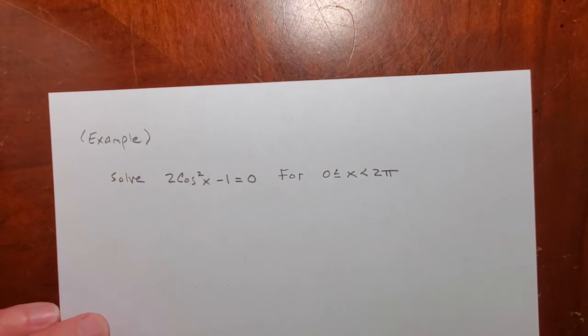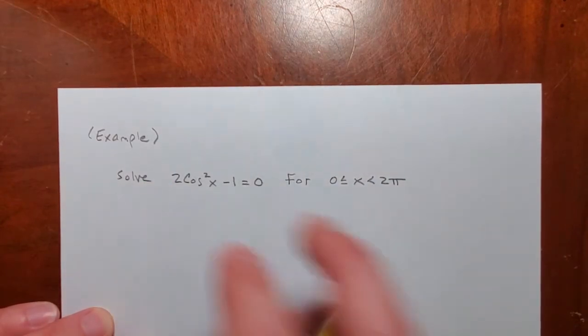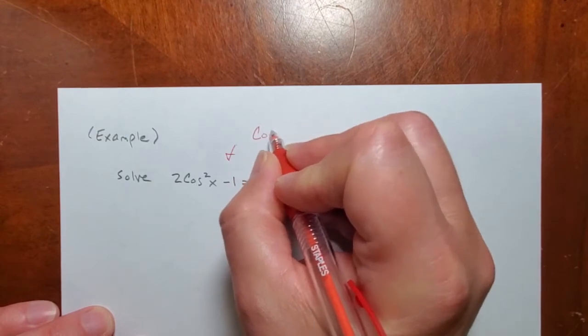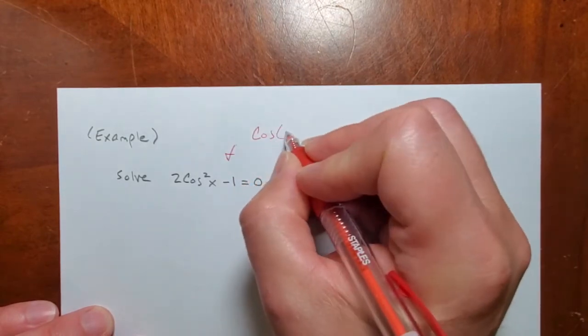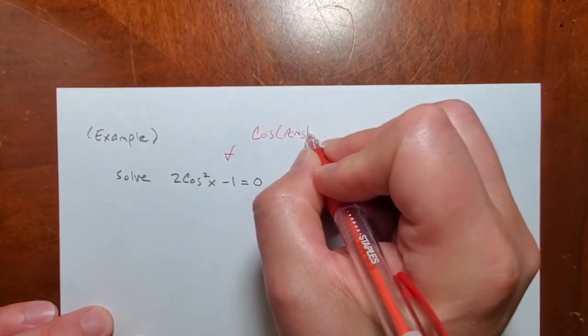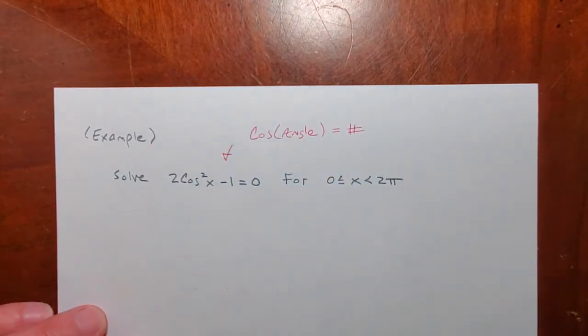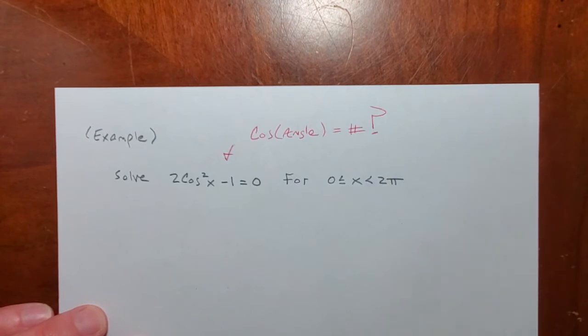Okay. All right, so I want to get this one down to like this point. Cosine of some angle is equal to some number. And then I'll use my calculator. But that's where I want to be.